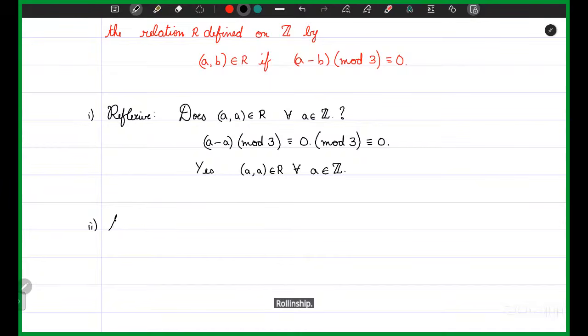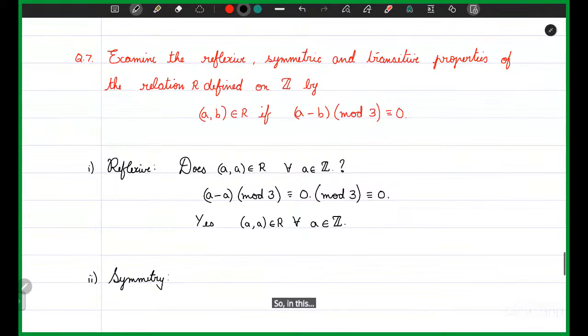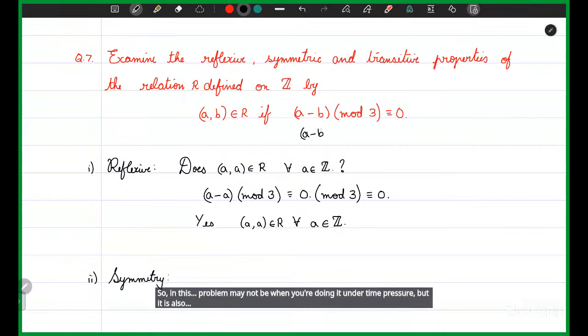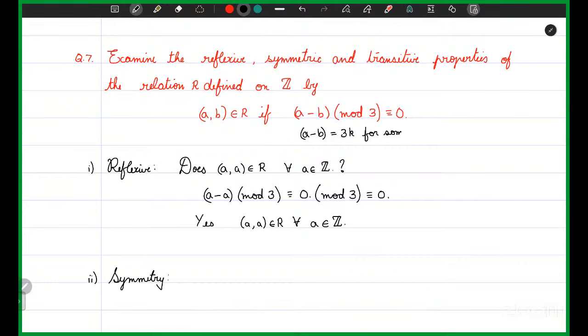And then for symmetry, in this problem, maybe not when you're doing it under time pressure, but it is also simpler to reformulate the question. When does a comma b be in the relation? If a minus b is equal to 3k for some k, an integer.